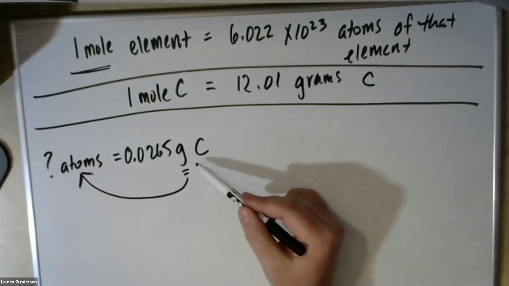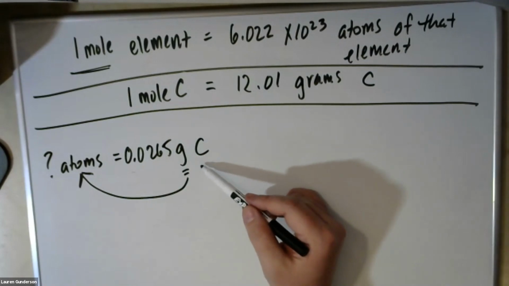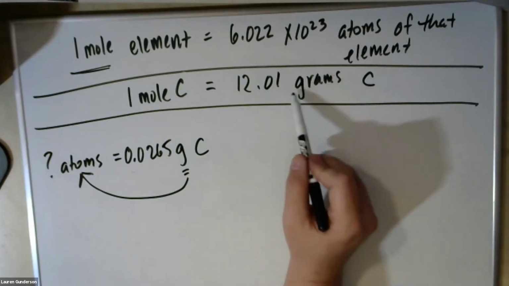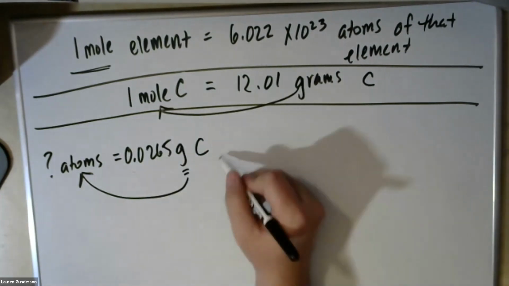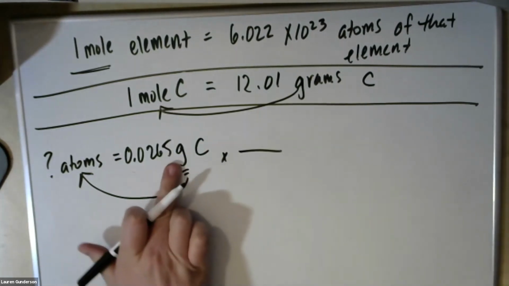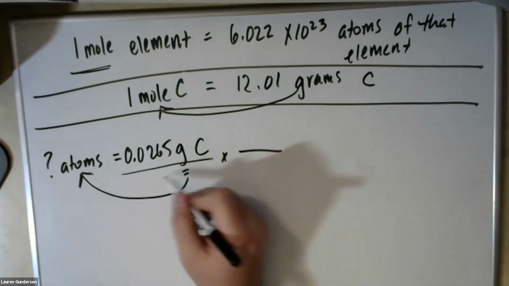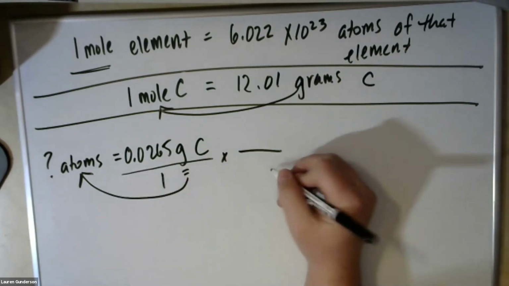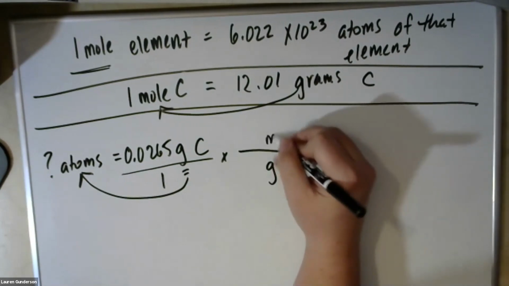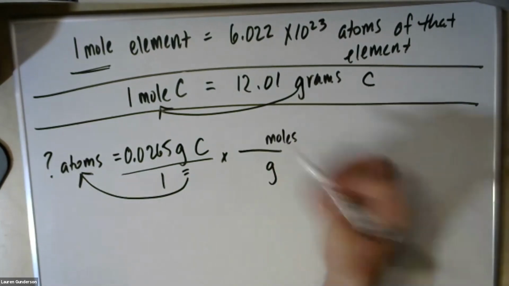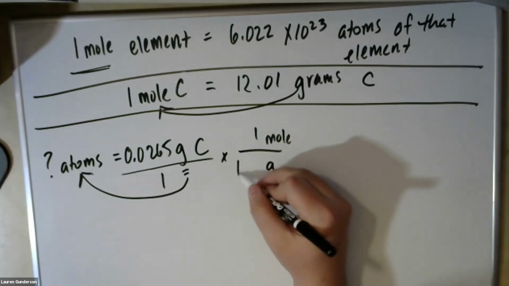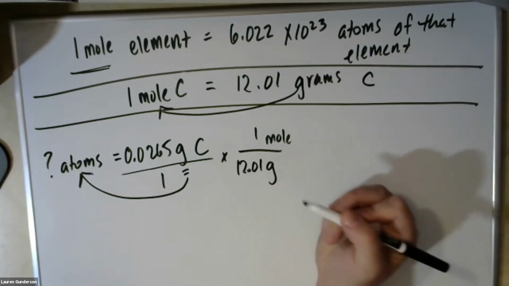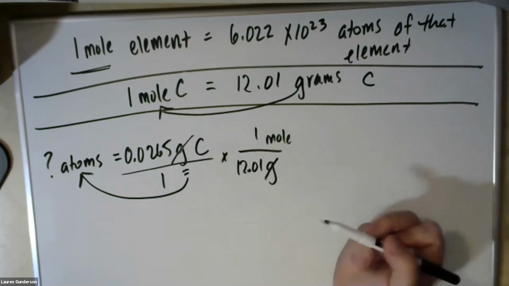Now when I'm looking at this mass value for carbon, I see how I can get out of grams and convert it into moles. I'm going to put my unit of grams on the bottom of my fraction bar so it cancels out, and moles up top. In every 1 mole, there's 12.01 grams. And now my unit of grams is canceled out.